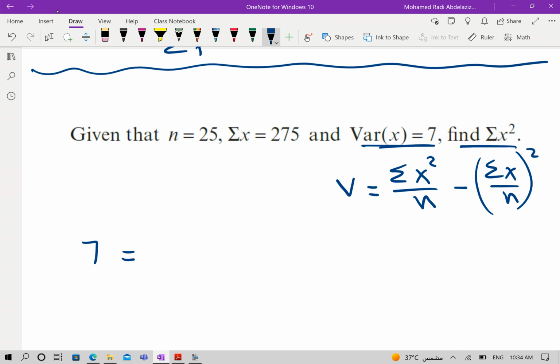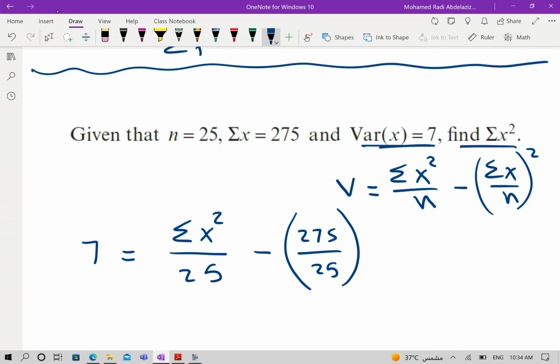Equal sum of x squared, variance is 7, sum of x squared he asked to find, n given, which is 25, minus sum of x, which is 275, divided by 25 the whole squared, and exactly the same as solving an equation.